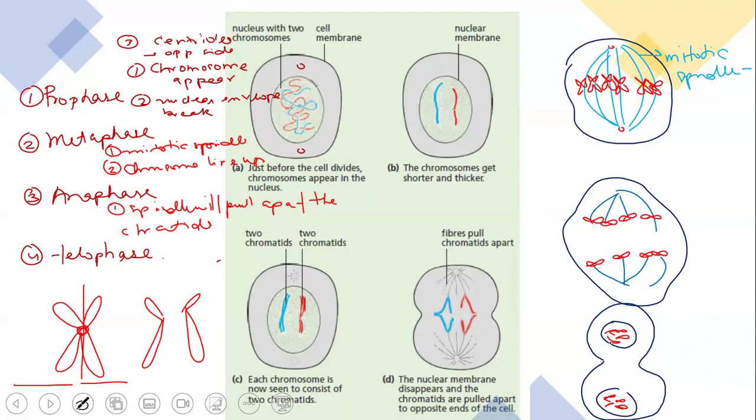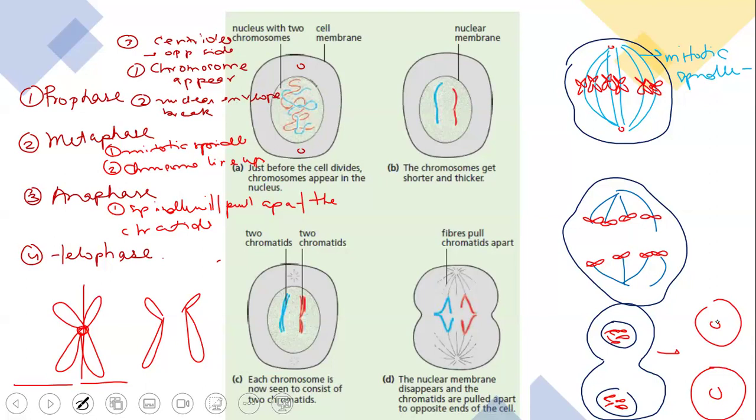It literally squeezes. That's exactly how it happens. The cell squeezes from the middle and separates into two daughter cells. And once mitosis is complete, the chromosomes will disappear, loosen up back into chromatin, and the cells will start doing the normal function that they normally do.